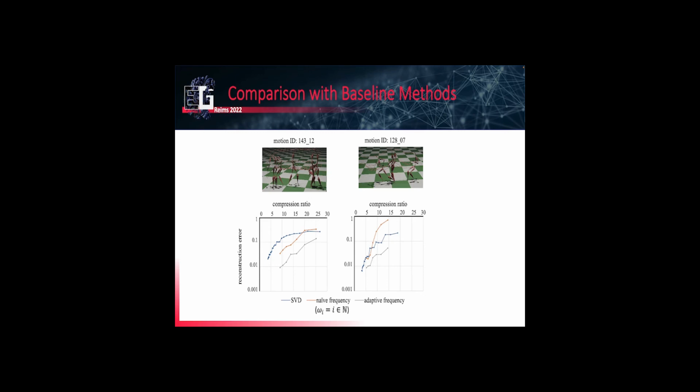And we can see that for the tested motion, our method plotted in gray achieves the best reconstruction error for a given compression ratio. This suggests that our frequency adaptive implicit representation works very well as a compression algorithm, and that the adaptive selection of Fourier feature makes sense.